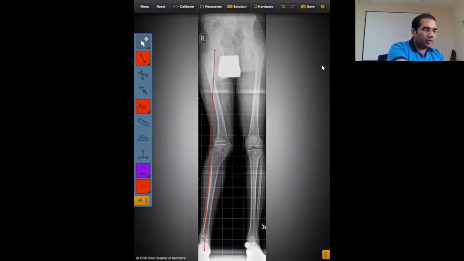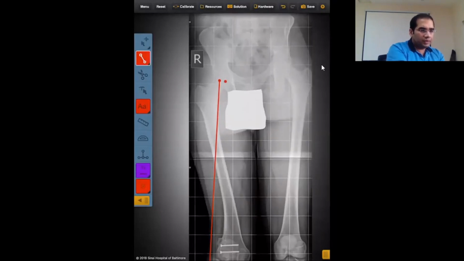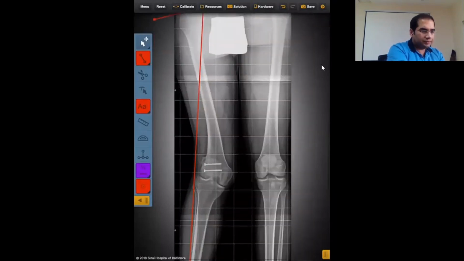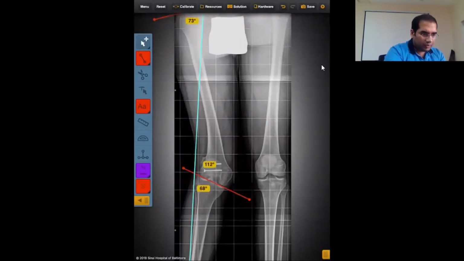Next, we're going to draw joint orientation lines. I'm not going to go into the details in the tibia because of shortage of time. Let's just focus on the femur.